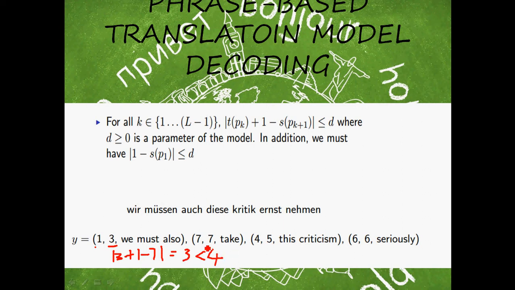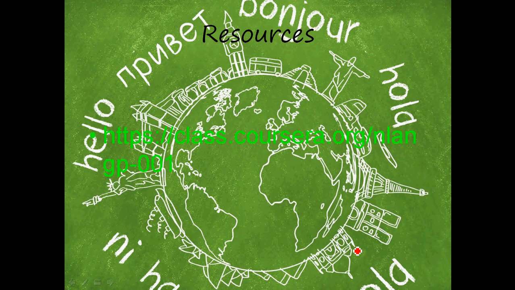Next one is 7 plus 1 minus 4, which is 4, equal to D. Next, it's 5 plus 1 minus 6, which is 0, less than 4. So this is valid.